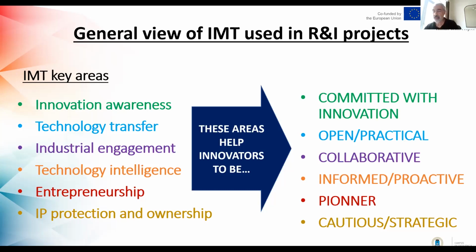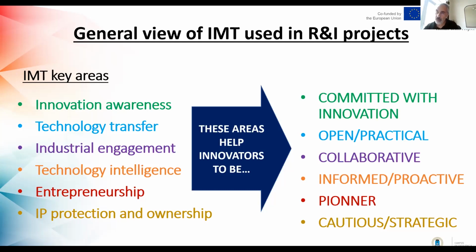Second key area is to know how we can reach the markets. There are different modalities for that, as we will see in a minute, that we can choose depending on our capabilities, depending on the market target, the different aspects.